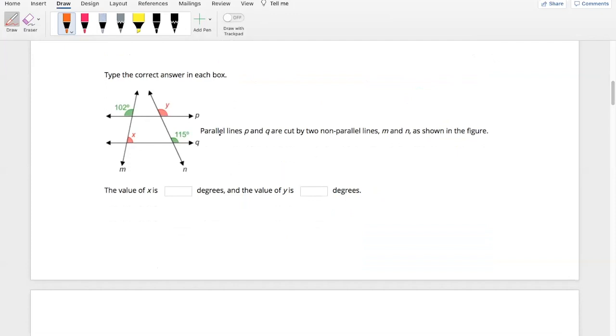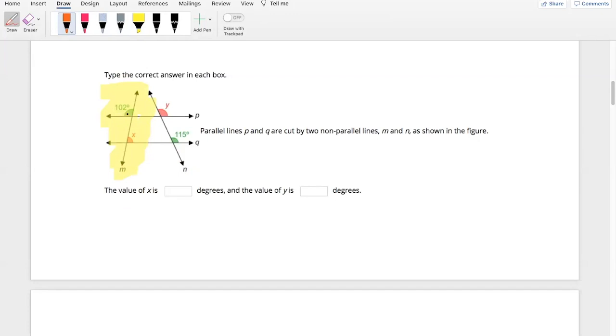All right, next one, we got parallel lines P and Q cut by non-parallel lines M and N. So M and N are not parallel, and we need to find the value of X. So right now, if I just highlight and look at this part here, just keep your eyes focused on that one. We can actually figure out all the angles here.